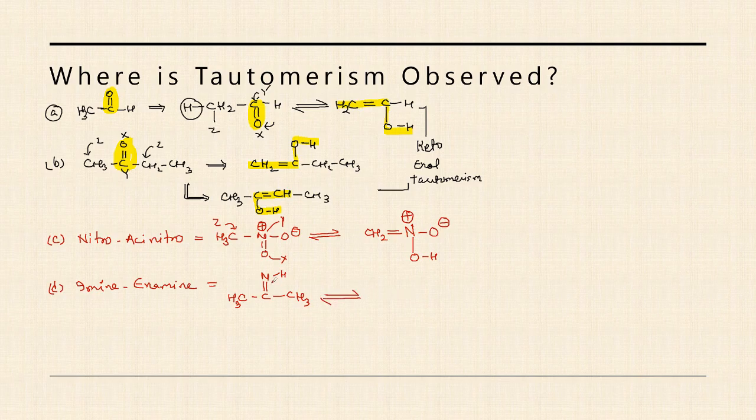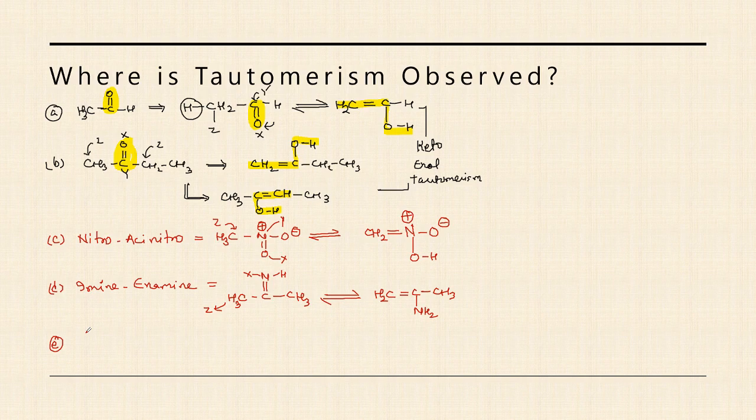To make the enamine, treat this as X and this as Z, and move a hydrogen to nitrogen and move the double bond between these two carbon atoms, and you will get your enamine.